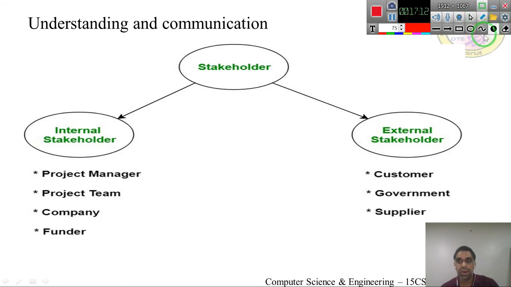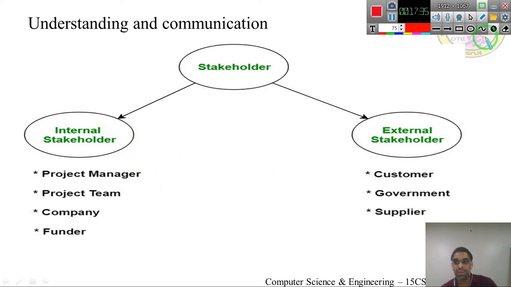It is project manager, then project team, then company and funder, right? Whereas in external stakeholder, who would come? Customer, then government and supplier, right? So there are 3 external stakeholders and 4 internal stakeholders.